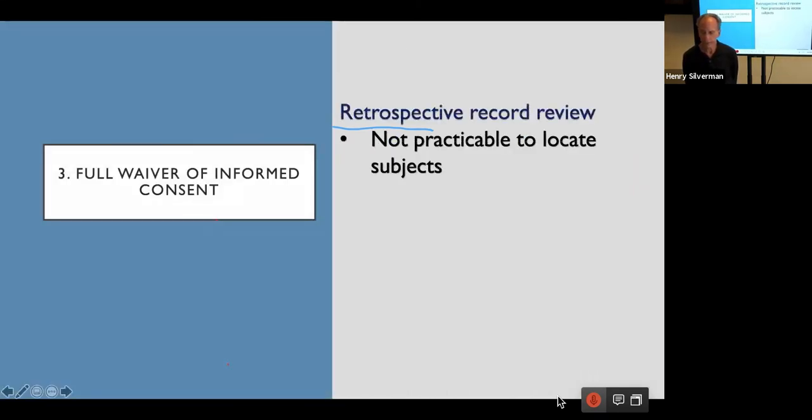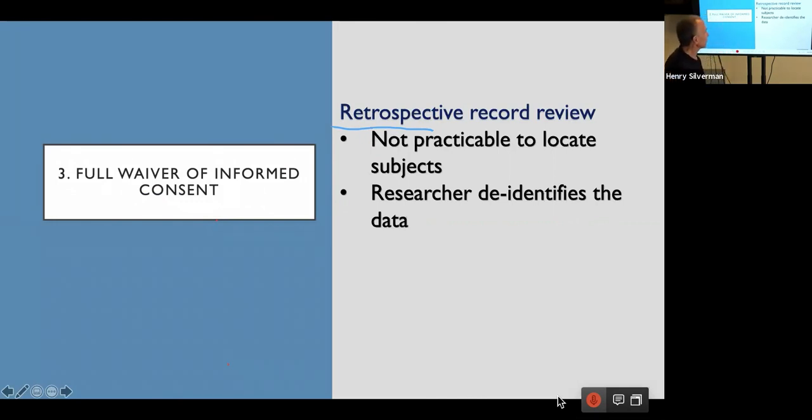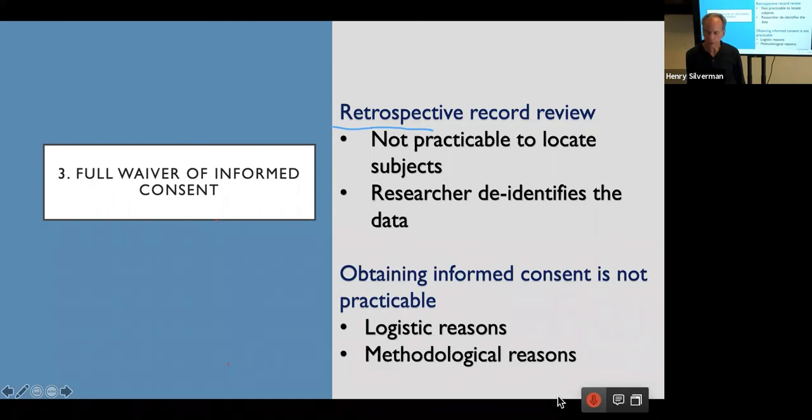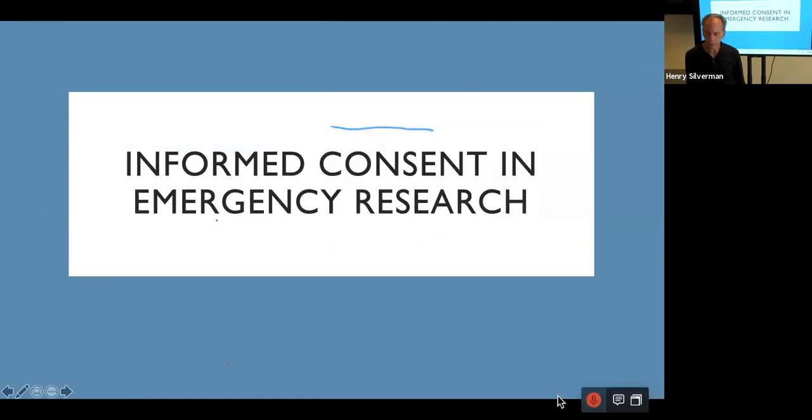So again, in waiving the informed consent, when we look at retrospective review, it may not be practical to locate the subjects. Also, we would make it minimal risk by de-identifying the data. And also, again, logistical reasons, methodological reasons.